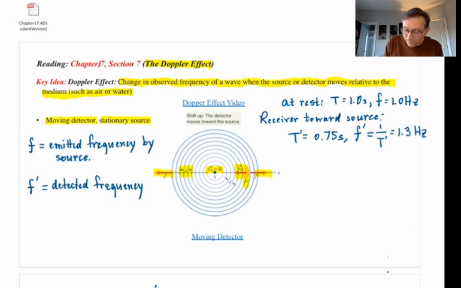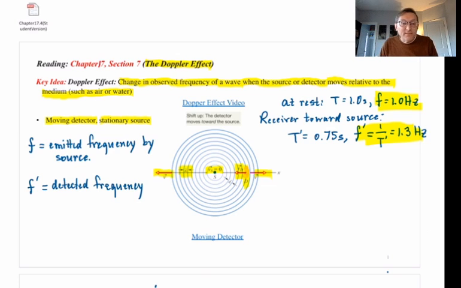So compare then. When source and detector were at rest relative to each other, the detected frequency is the same as the emitted frequency, 1 hertz. When the receiver moves towards the source, the detected frequency f prime is up higher, now at 1.3 hertz. Remember the more rapid pinging I did.